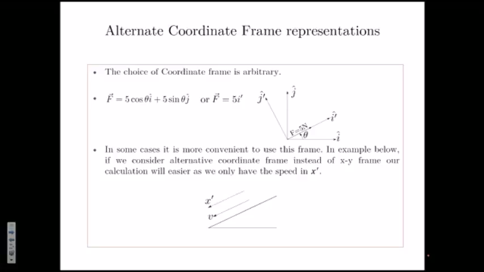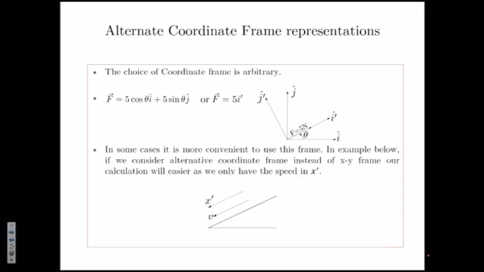Does it make sense for me to draw the x-axis this way and the y-axis this way and then resolve this velocity vector v along the horizontal and vertical direction? It doesn't. I would rather choose a reference frame where I can write this velocity vector much more easily. So if I pick my x prime direction to be along the incline, then the velocity would be nothing but whatever the magnitude is times a unit vector along the x prime direction.